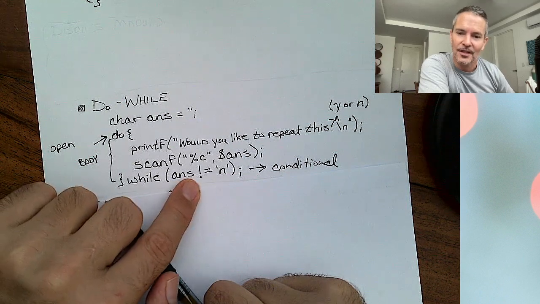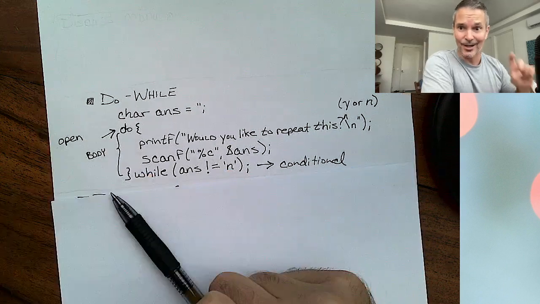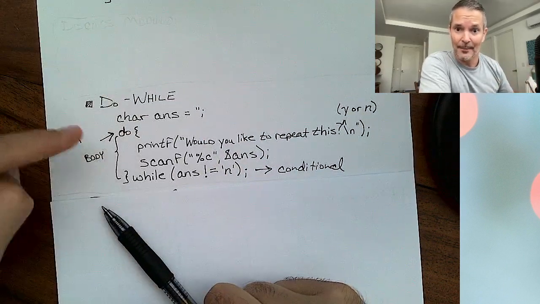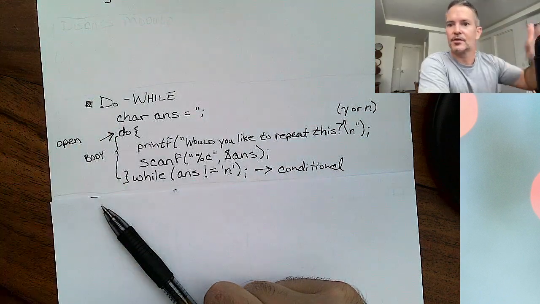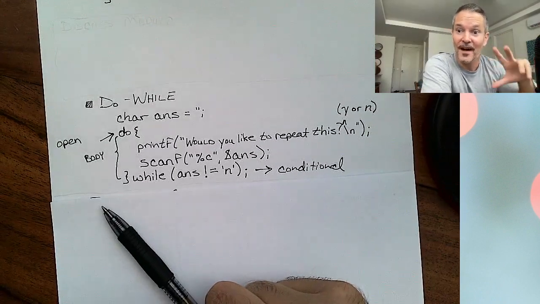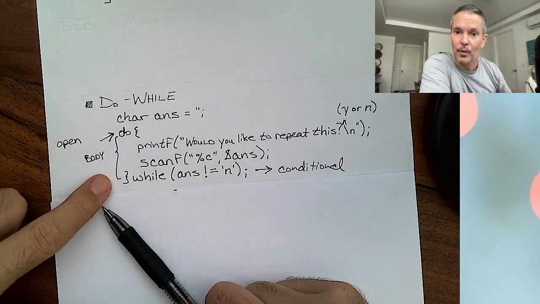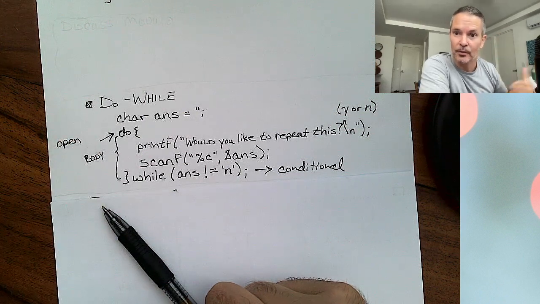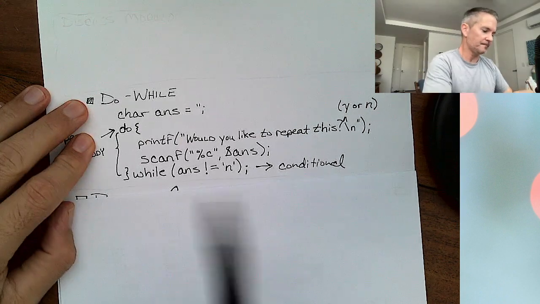If answer does not equal no, so as long as the user doesn't enter in a no, I'm going to come back and execute this statement again. And the program will execute this statement as many times as necessary until the user finally enters a no. And then the do-while statement will exit and we will go to the next line of the program. So this is the do-while statement.